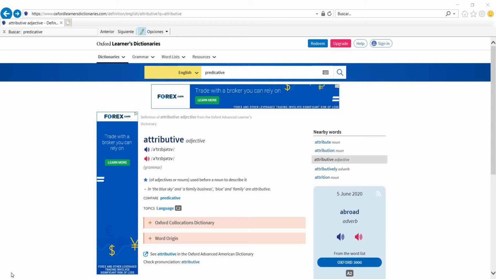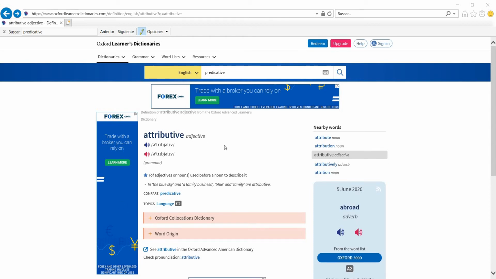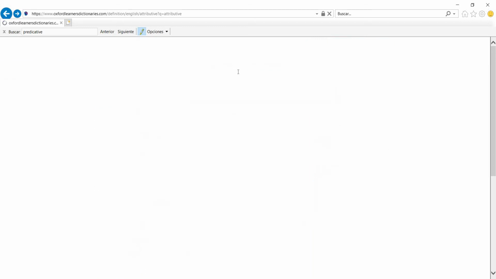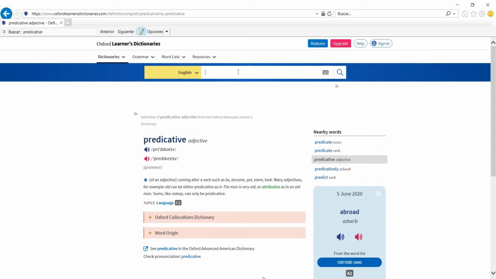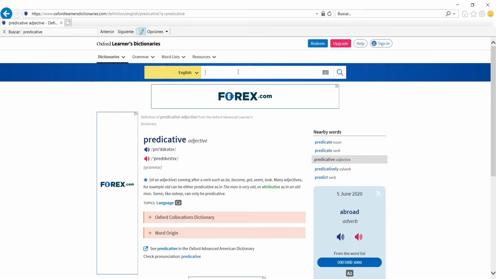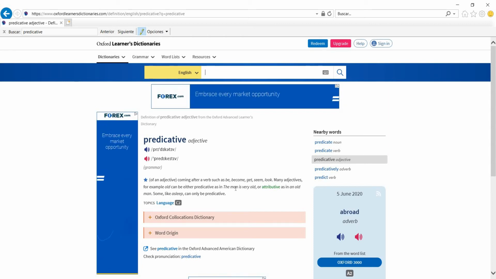Okay, so the idea is that we have in English attributive adjectives, that is to say they come before the noun, and we also have predicative adjectives, right? And they come after the verb to be. It says here after link verbs, right? We also call them copulative verbs like be, become, get, seem, look, right?